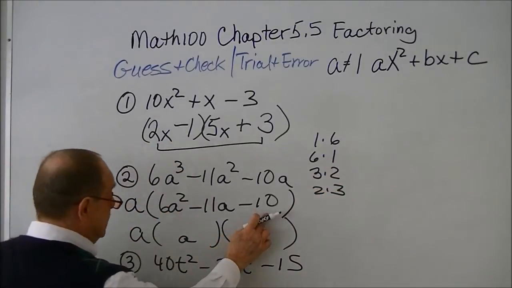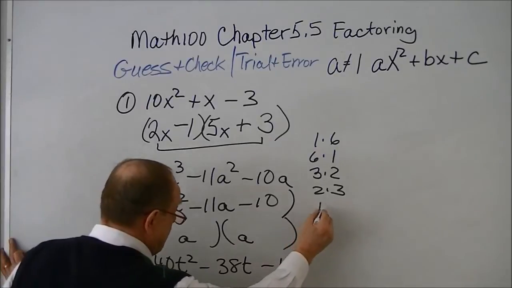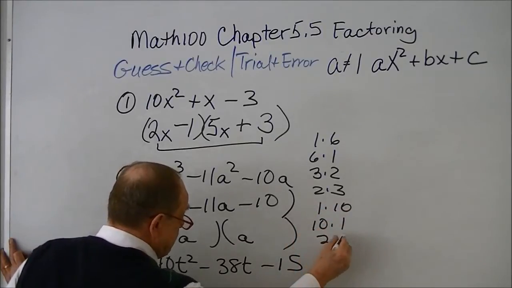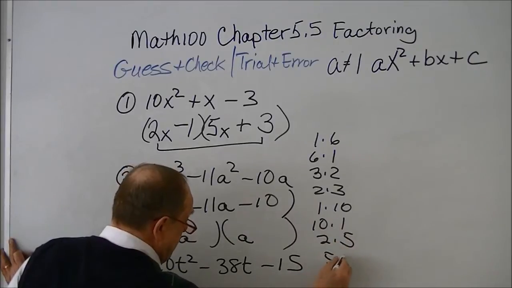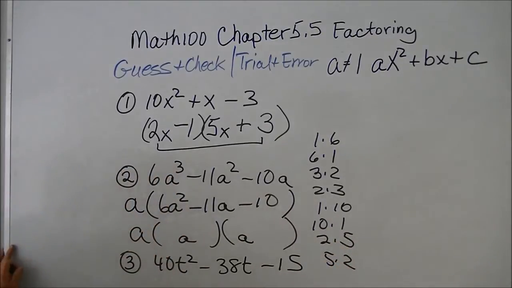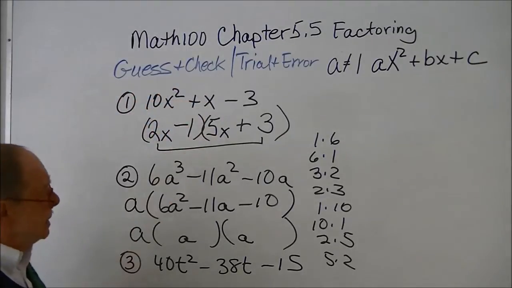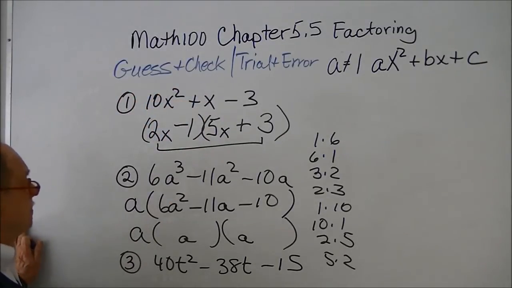And the factors of 10 are 1 and 10, 10 and 1, 2 and 5, 5 and 2. Wow. So a lot of guessing and trial and error going on here.